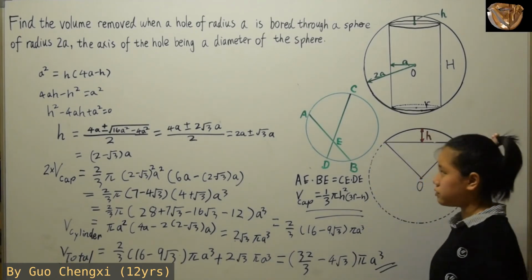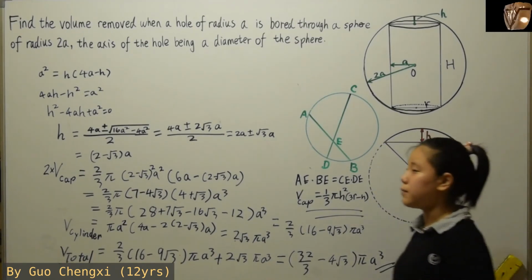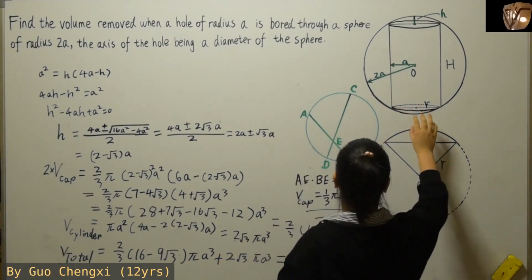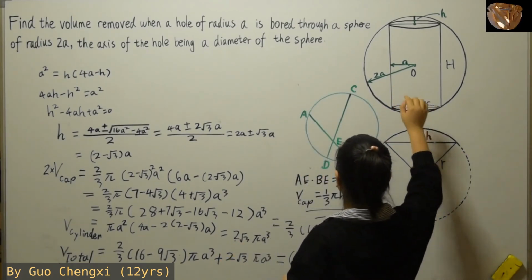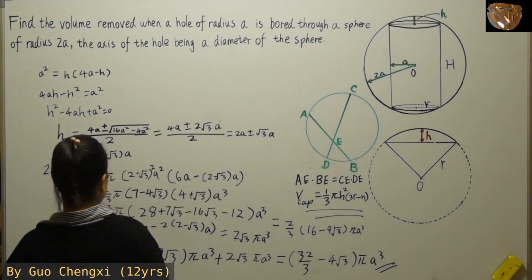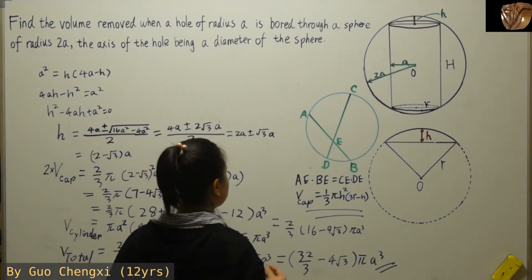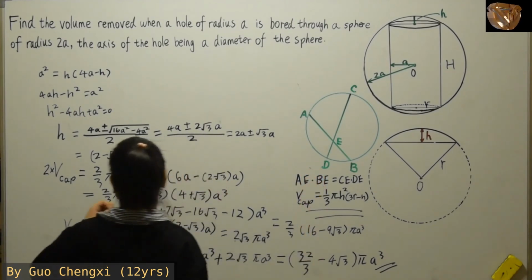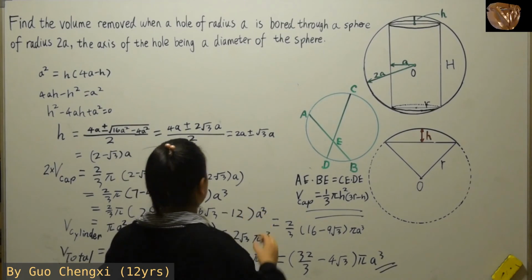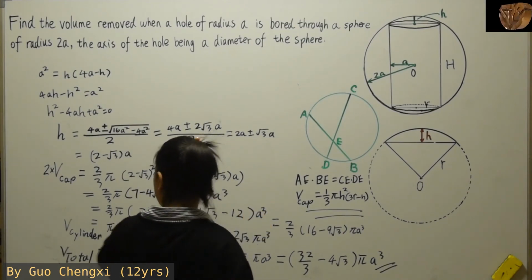So this is our result for this example, where we have to basically find the volume for the cylinder and the two caps. In order to find both of these, we had to find the small height, either to find the height of the cylinder or just to straight up find the volume of the cap.